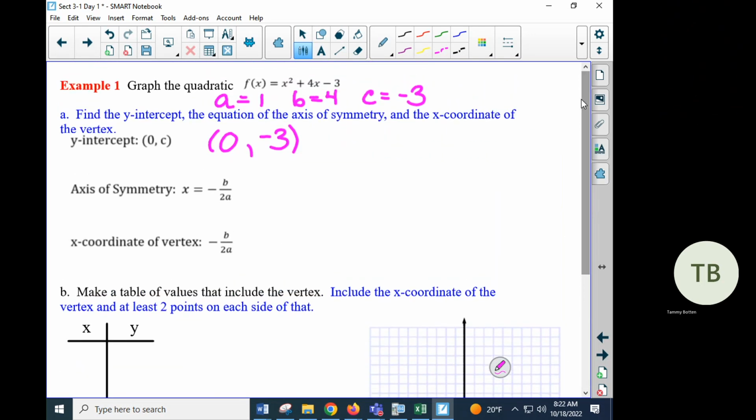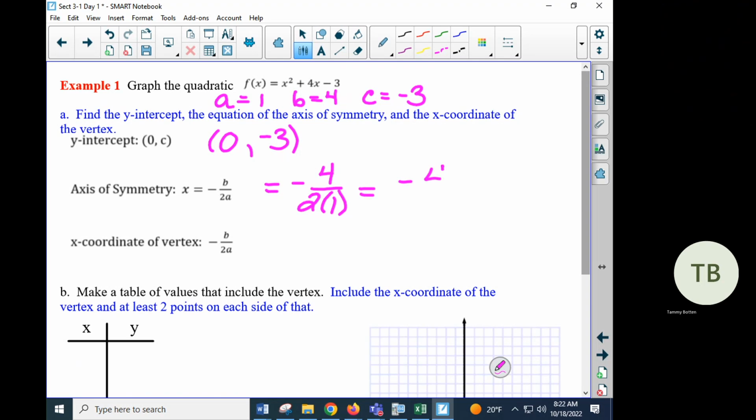Then I have to find my axis of symmetry, and that's where I use this formula, okay? So there's a negative in the formula, so you'd go negative, B is 4, and on the bottom it's 2 times A, which is 2 times 1.